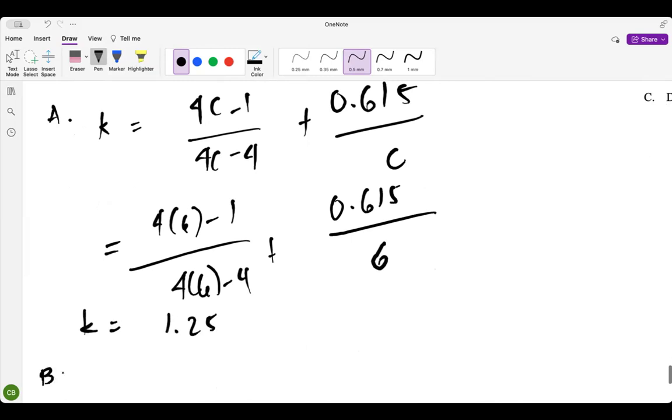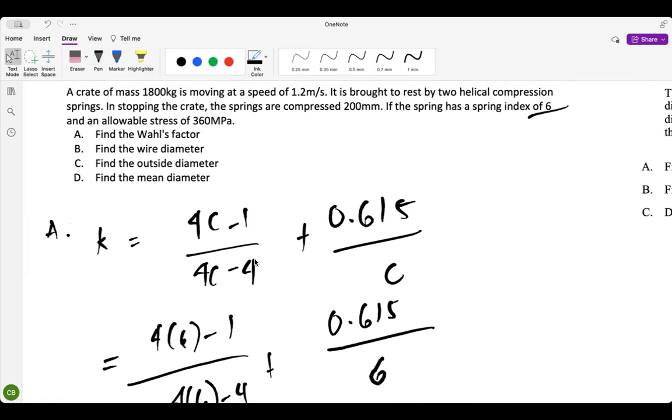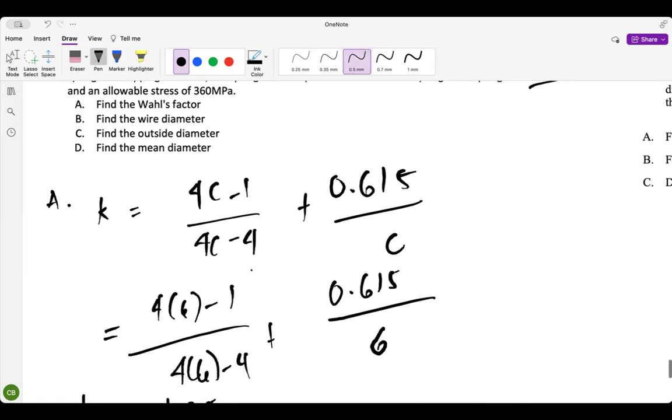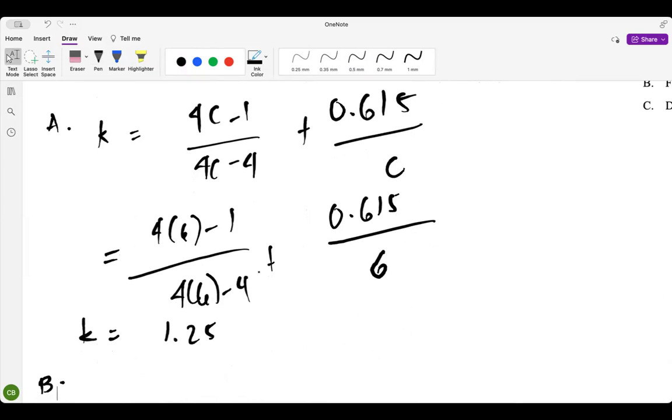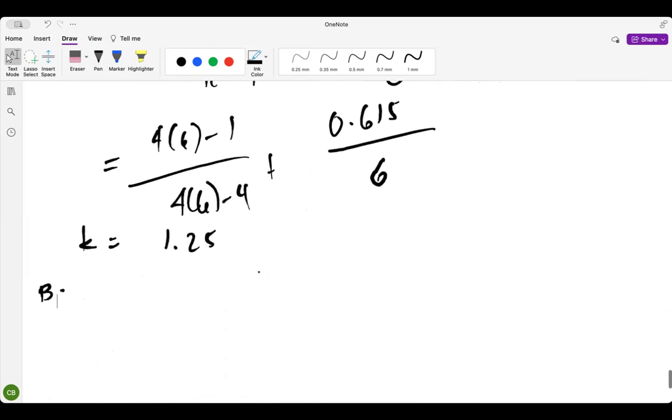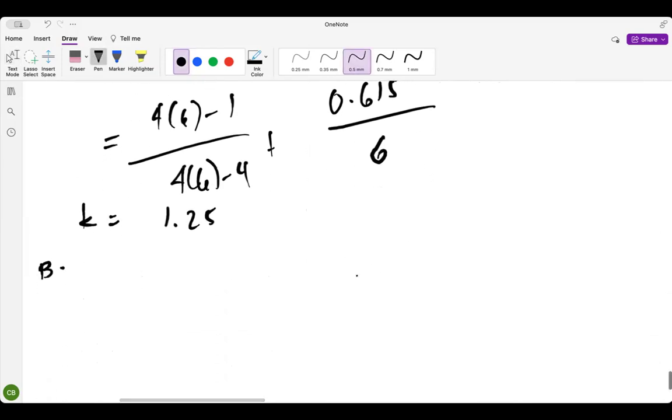Next, we have the wire diameter. In order to get your wire diameter, you need the force, so we need the acceleration also.